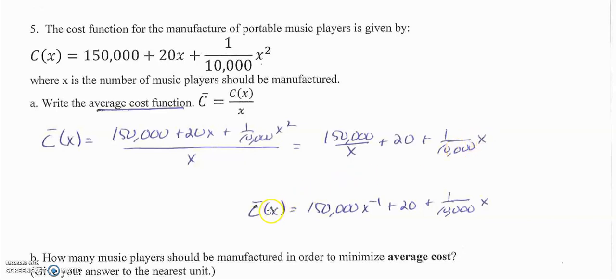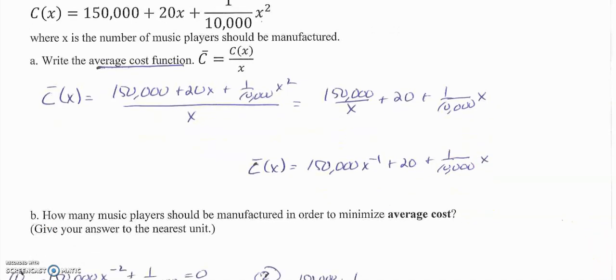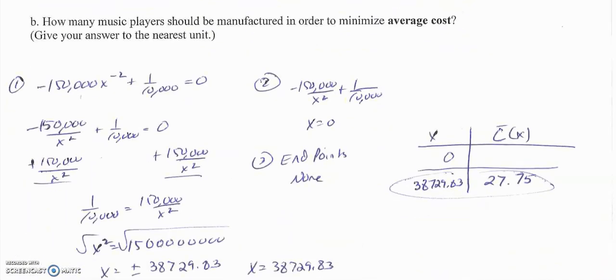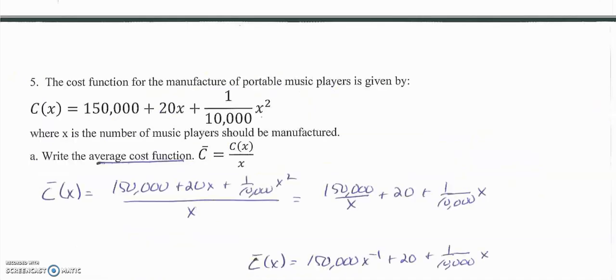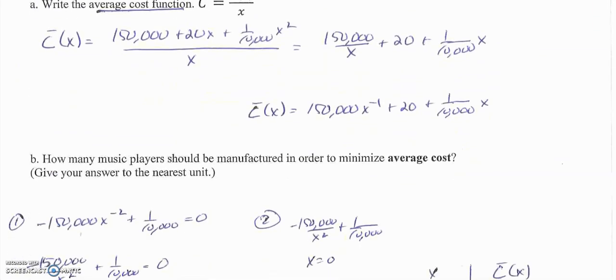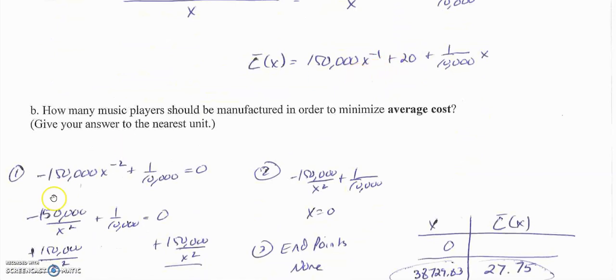That can be rewritten as the average cost equals 150,000 x to the negative 1 plus 20 plus 1 over 10,000 x. So now we go through stationary, singular, and endpoints to minimize average cost. If we take the derivative, 150,000 x to the negative 1 gives negative 150,000 x to the negative 2.